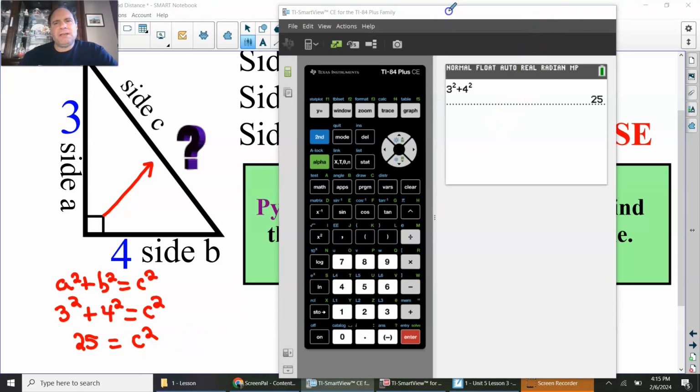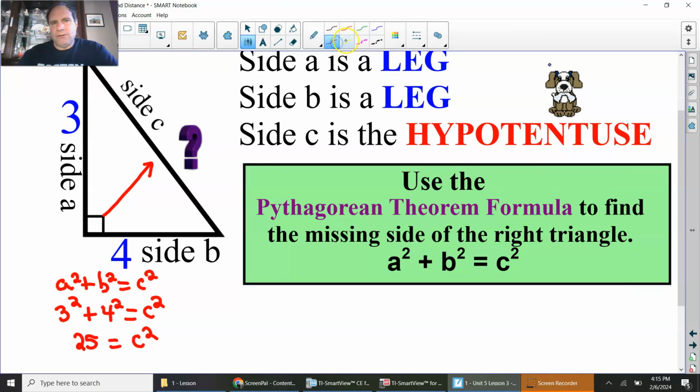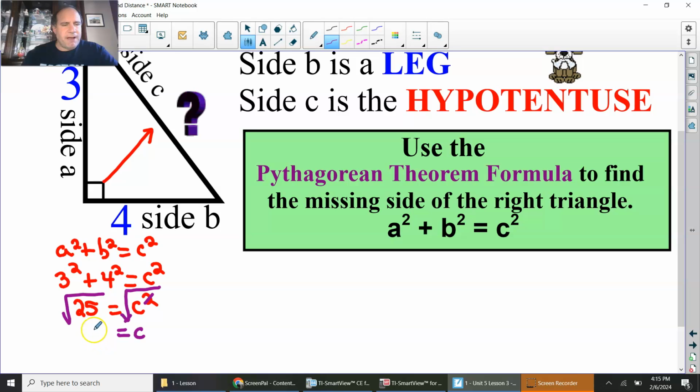So the inverse operation to something squared is square root. That's how you would use inverse operations to do the opposite operation of squared, which is square root. The square root and the square kind of cancel each other out. So you're just left with c equals, and the square root of 25 is 5.